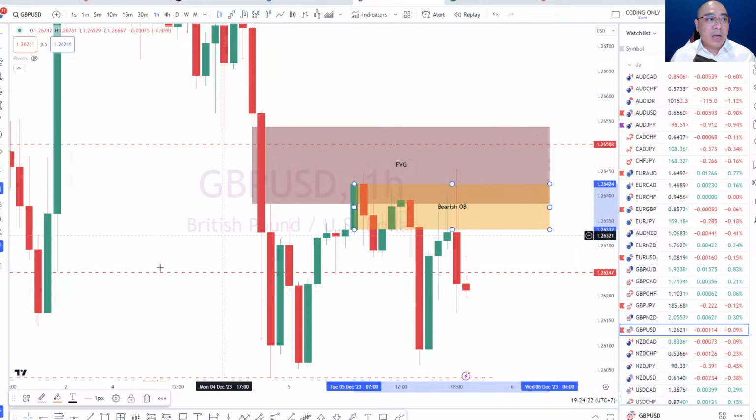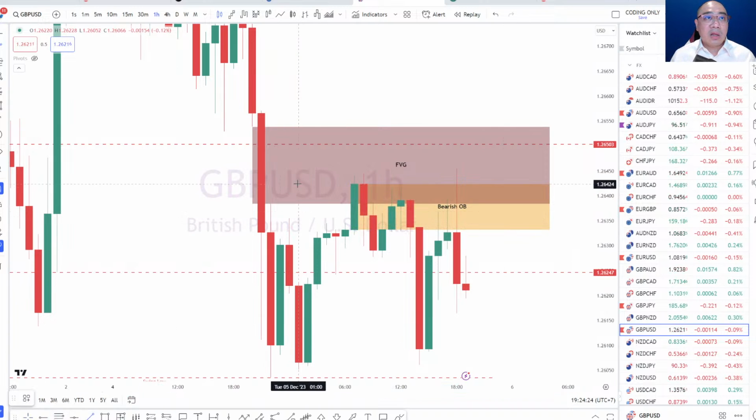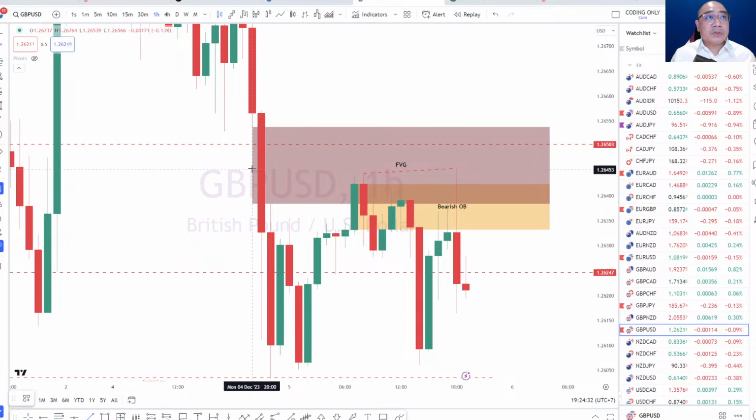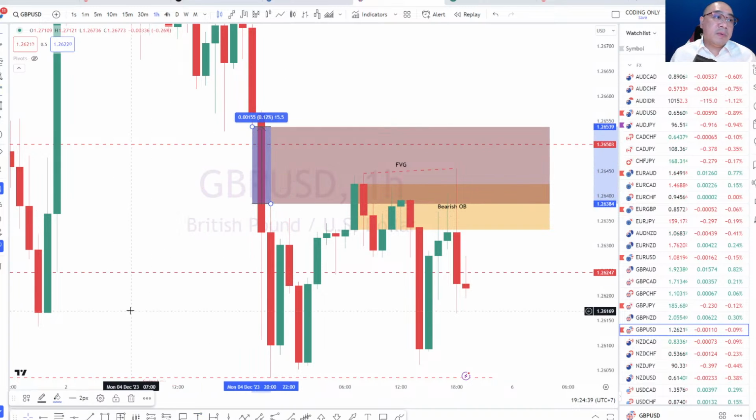The reason it didn't stop at this particular level and extended a little bit up top is because of the middle of a fair value gap. I'll try my best to measure it right now. It's about 15 pips, so I'm looking at about 7.5 pips in terms of range, or 8.